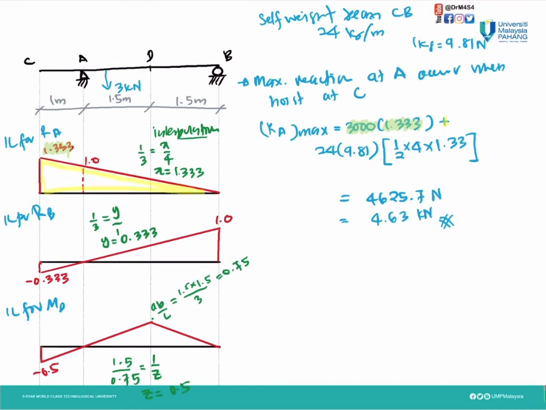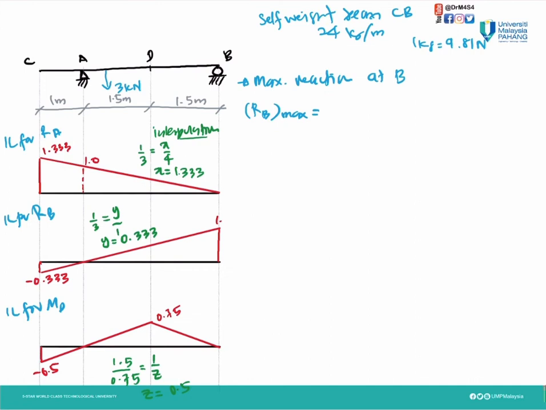So the area for this triangle is half times the total length of 4 times 1.33. And don't forget the self weight of the beam is 24 kg, converted to Newtons times 9.81. Solve this and we get our RA max is 4.6 kN.